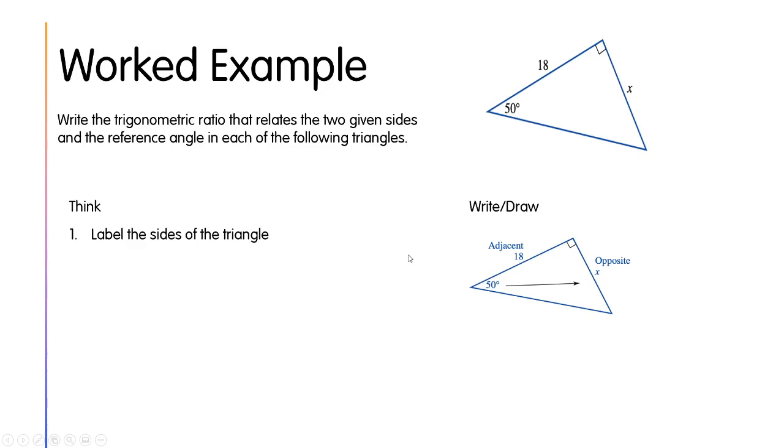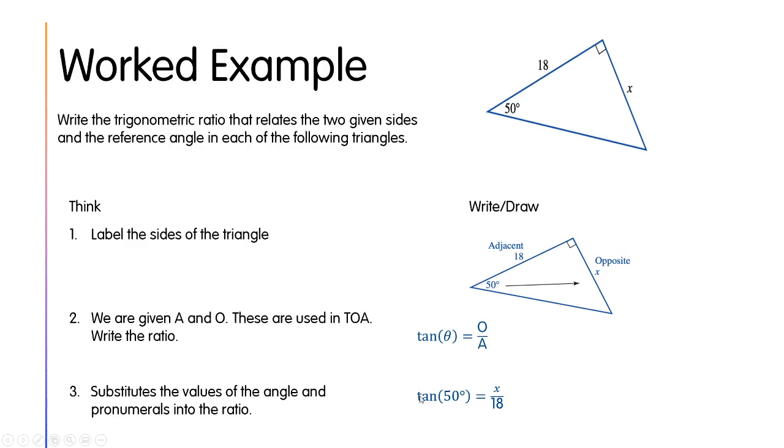Now, using our SOHCAHTOA mnemonic, we see that we've got an O and an A. So they're used for TOA. So let's write this ratio. Tan equals opposite over adjacent, or tangent is opposite over adjacent. Now let's substitute in those values. So tan of my angle, 50, my opposite is x, and my adjacent is 18, so x over 18.